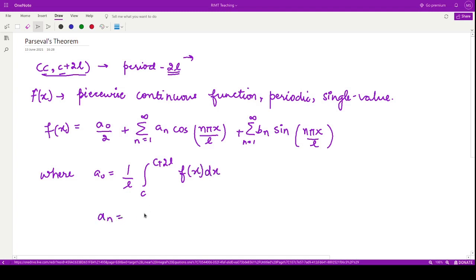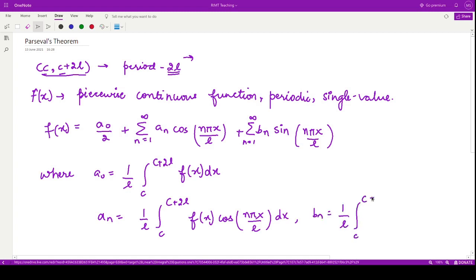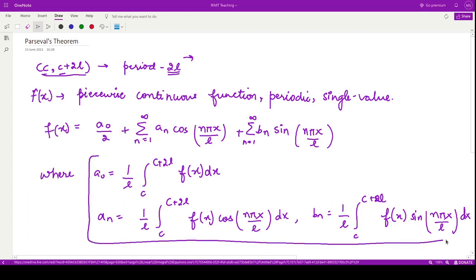A n is given by 1 by l integration from c to c plus 2l f of x into cos n pi x upon l dx, and similarly b n is given by 1 by l integration c to c plus 2l f of x sine n pi x upon l dx. So you already know these coefficients, which are used in the Fourier series expansion.